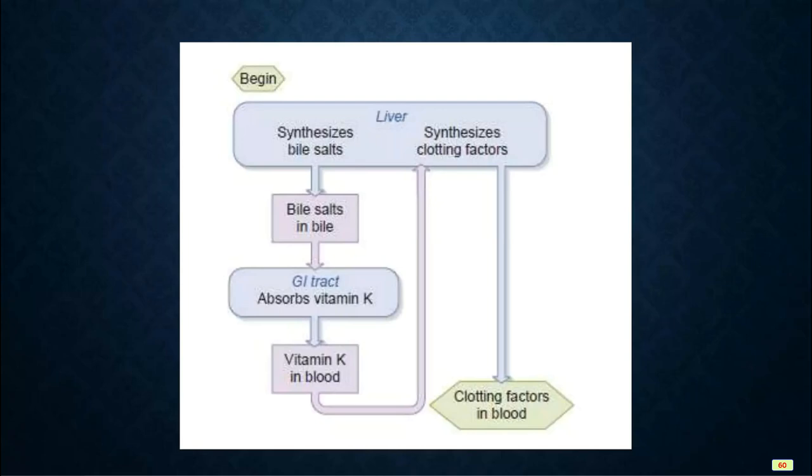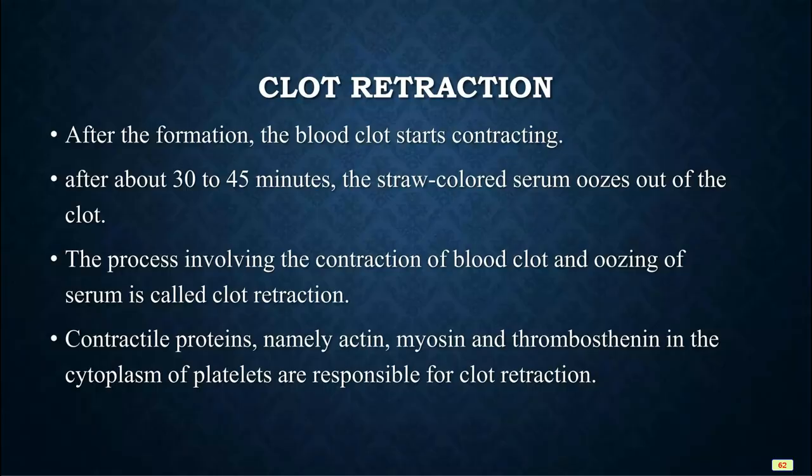Hence, administration of vitamin K and also C and calcium will definitely help the animal get the bleeding disorder back to normal very early. This has nothing to do with the cardiovascular system.